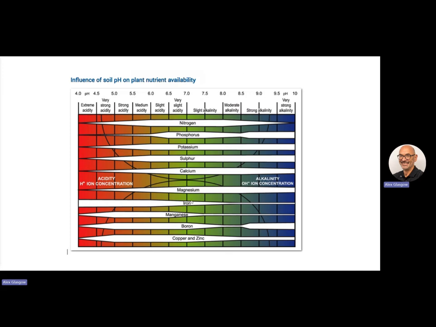Okay, now I'll just talk a bit about pH. Now, no doubt people have seen this graph before, but I always think it's a very useful graph to look at and understand because it tells you a lot about why pH is important. And you can see here that around neutral, so it's neither acidic or alkali, most nutrients are at their most available. And as you move away, the availability of that nutrient changes. So you can see with a lot of these major nutrients, they will become less available as the acidity increases, as the pH falls.